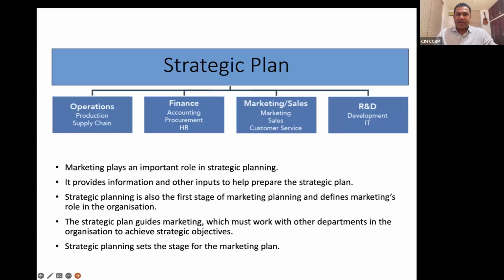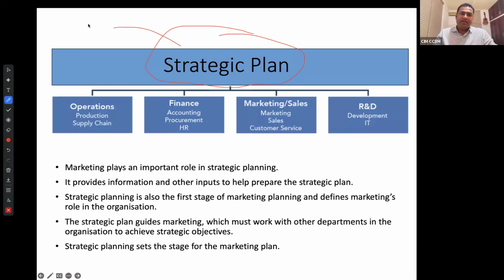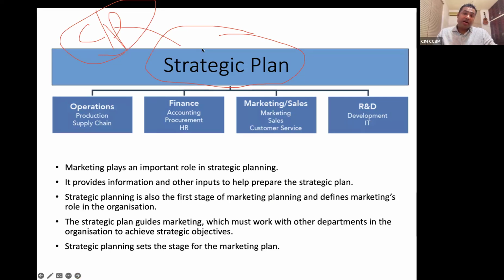So these are the functions within the marketing department. Then we talk about the strategic plan of the organization. Another word for it is the corporate plan, which is done by the board of directors, usually once a year during the budgeting cycle.